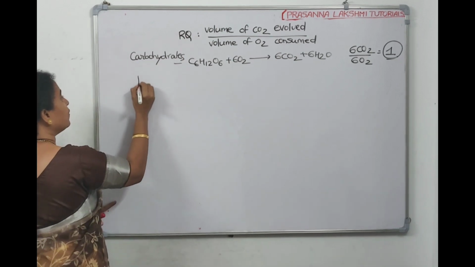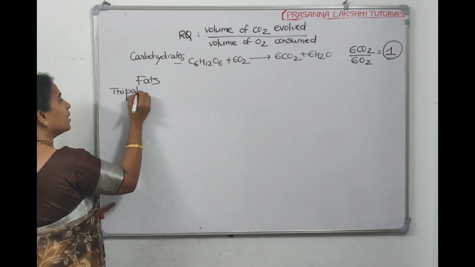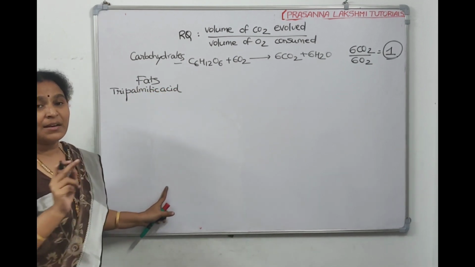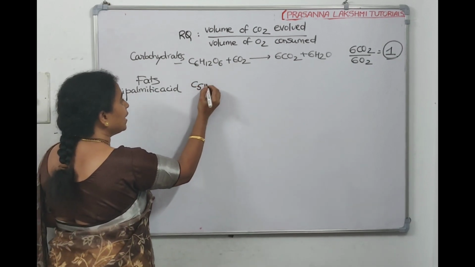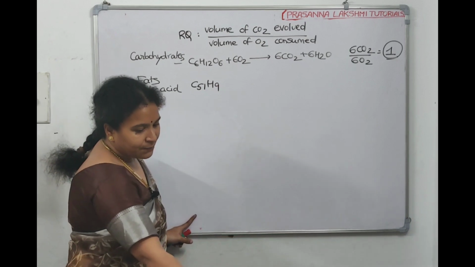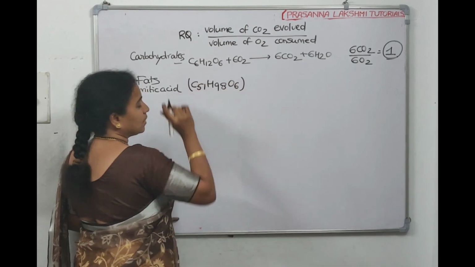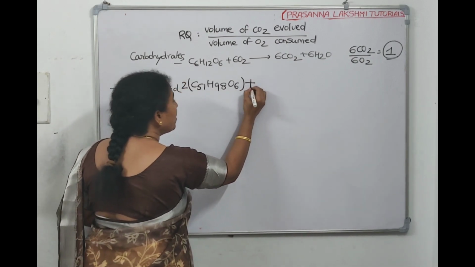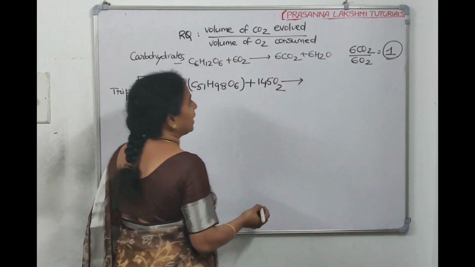For fats, for example, take tripalmitic acid. Now, the tripalmitic acid molecular formula is C51H98O6. If you take 2 molecules, how many oxygen molecules? Means 145 oxygen molecules it will take.